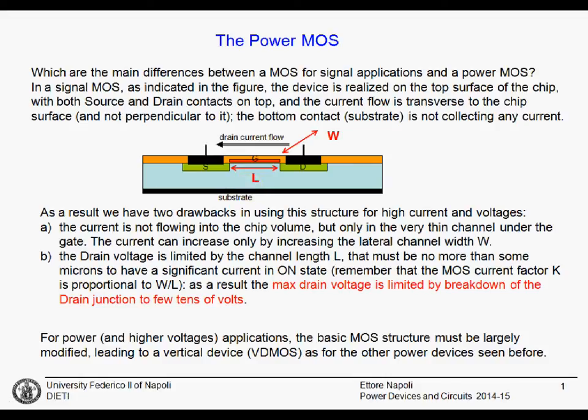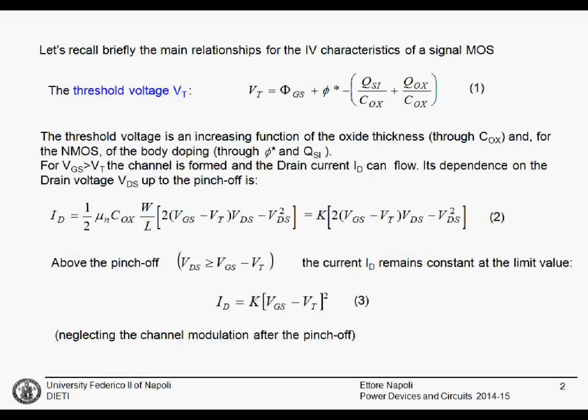But you cannot increase the channel length too much because this will reduce the current. Breakdown voltage for this kind of device is no more than a few tens of volts, a very small voltage. This basic structure is changed if we go for a high power device, and becomes the structure that we'll see in the following slides.